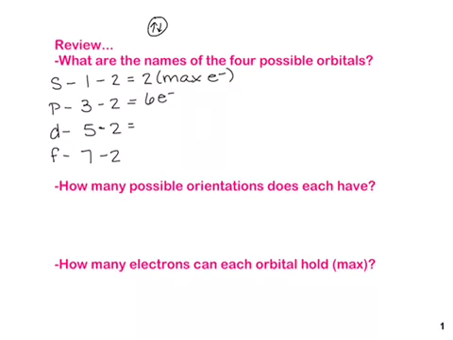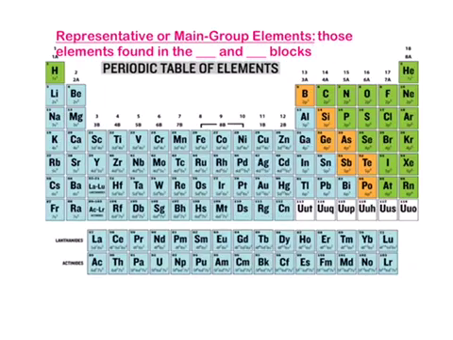The D sublevel, since there's 5 possible orientations and they each hold 2, we can have a maximum of 10 electrons. And then finally our F sublevel with the 7 possible orientations and 2 electrons in each of those. 2 times 7 is 14 possible electrons. So hopefully this is all a little bit of review from last chapter.